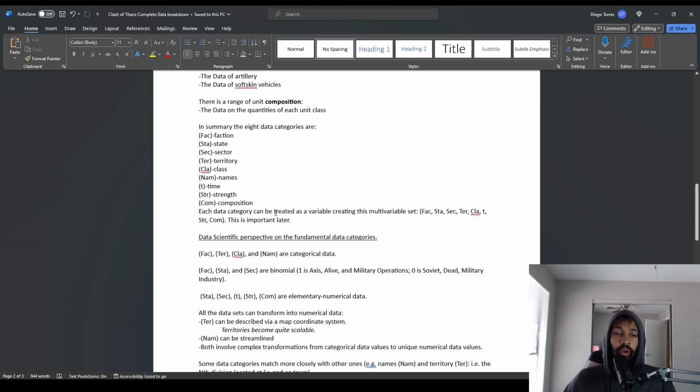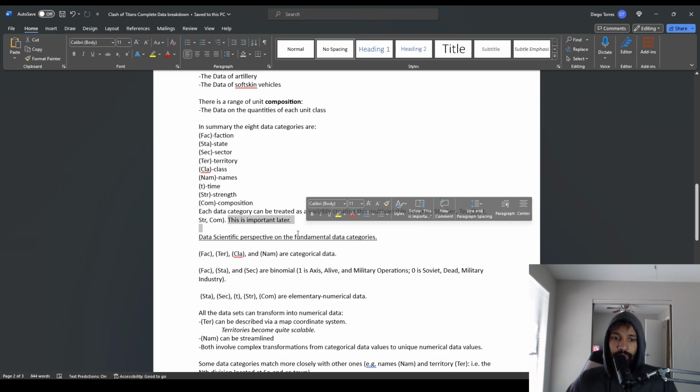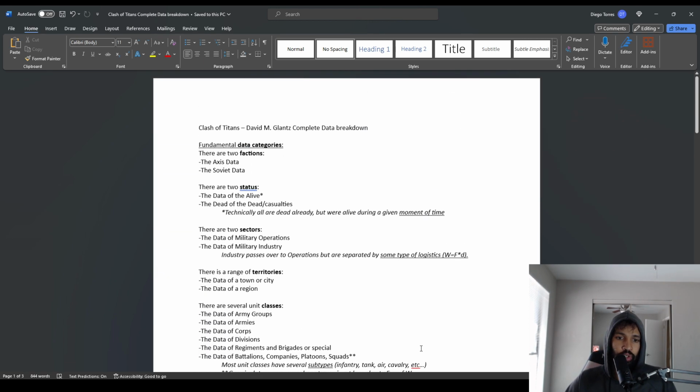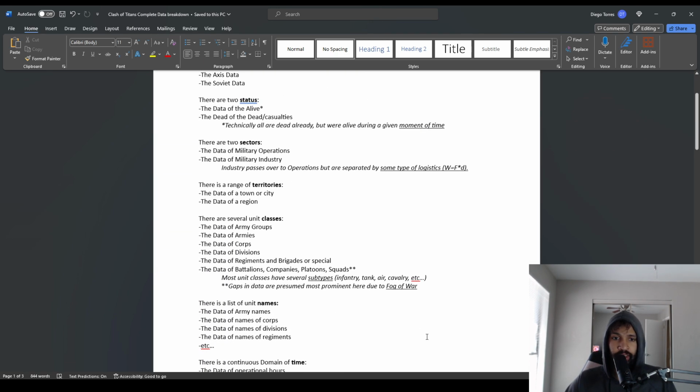How many units were cut off in the siege of Leningrad, etc. And so this is what I have. The idea is that each of these data categories can be used as variables. Basically, they're essentially variables, and this is important because we're going to get back to that. Okay, so this is my attempt at trying to structure the data that I've seen.